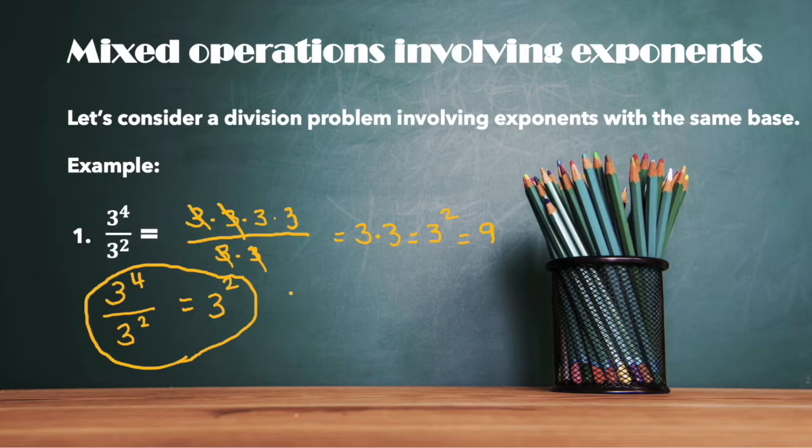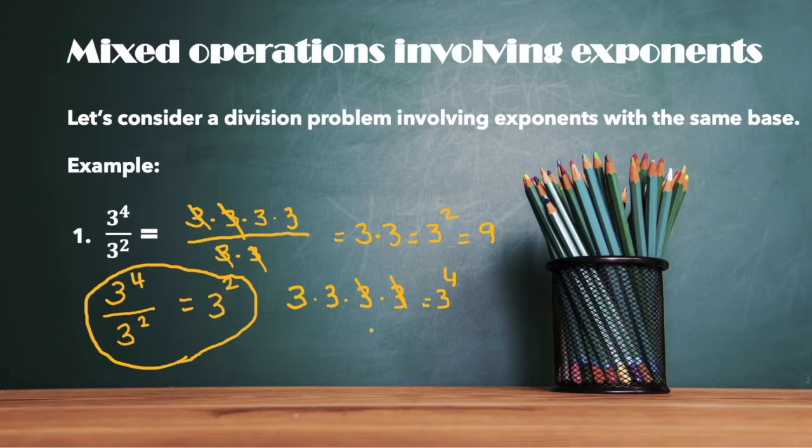We express it as a subtraction sentence. So if we just look at the numerator here, we have 3 multiplied by itself 4 times, which is 3 to its 4th power. And then we are canceling out 2 3's.